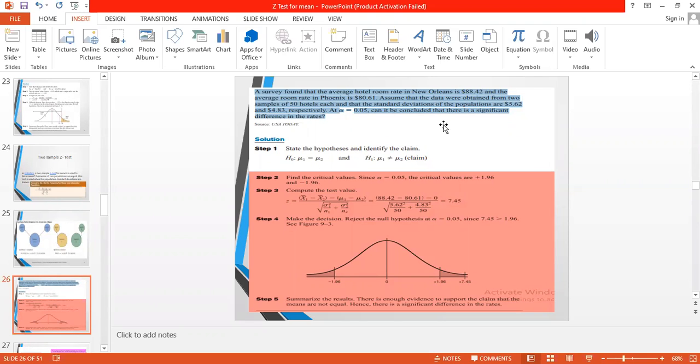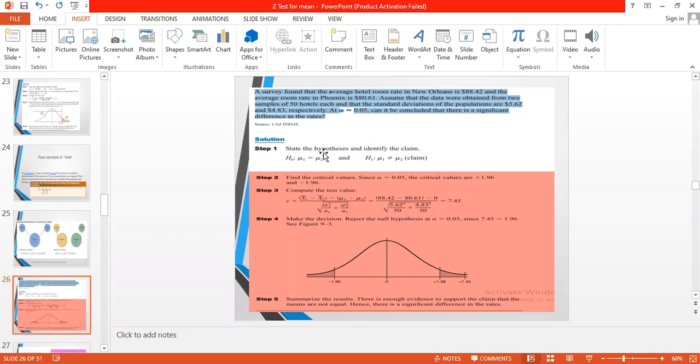Assume that the data were obtained from two samples of 50 hotels each and that the standard deviations of the populations are $5.62 and $4.83 respectively. At alpha 0.05, again the confidence interval is 95%. Can it be concluded that there is a significant difference in the rates of these two hotels?